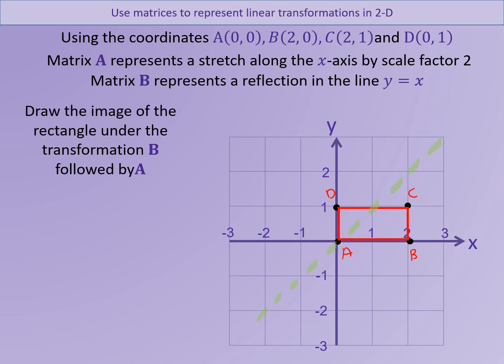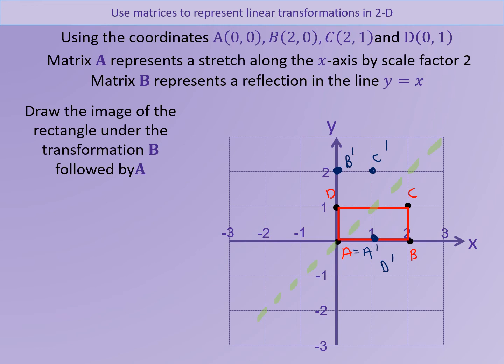So A will be mapped to itself, so we'll call that A prime. B is 2 across there, so this will be mapped to this point on the y-axis, that's B prime. And C will be mapped here to C prime, and D will be mapped to this point here, which I'll just put down there as D prime.